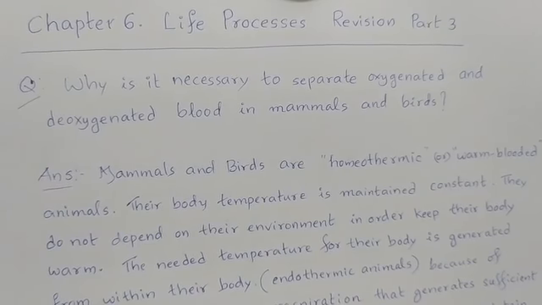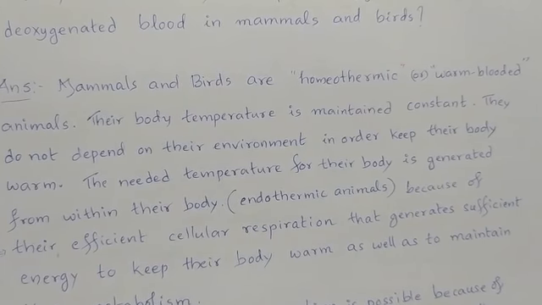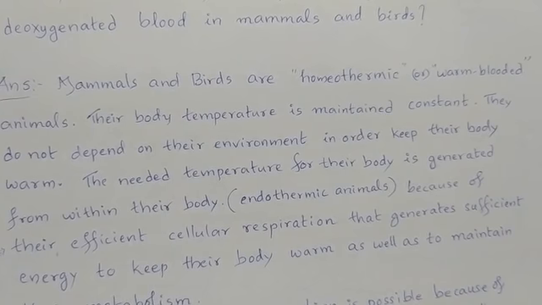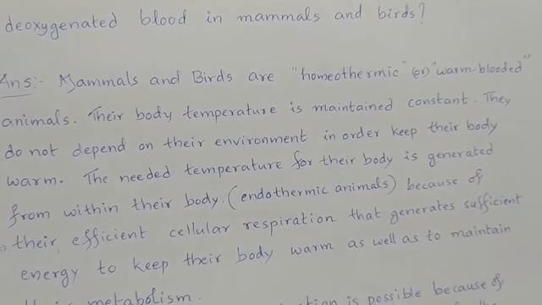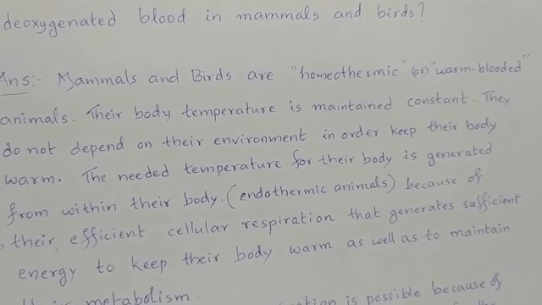Why is it necessary to separate oxygenated and deoxygenated blood in mammals and birds? Mammals and birds are homeothermic or warm-blooded or endothermic animals.